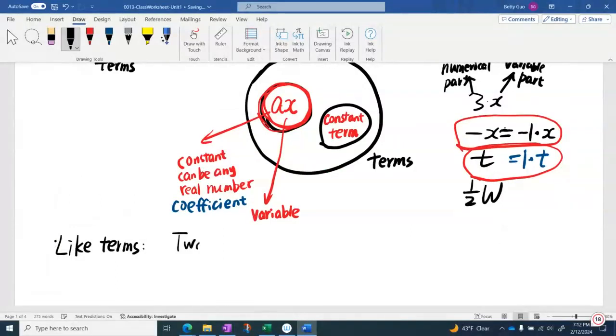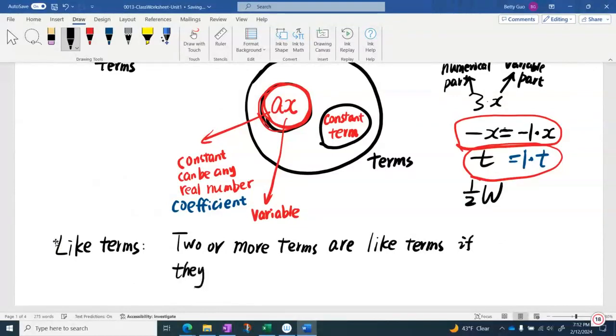Two or more terms are like terms if they have exactly the same variable parts.